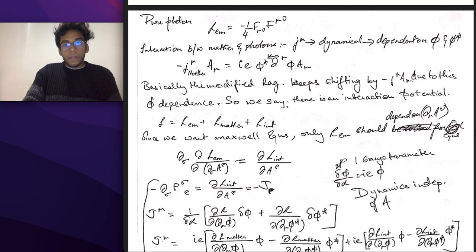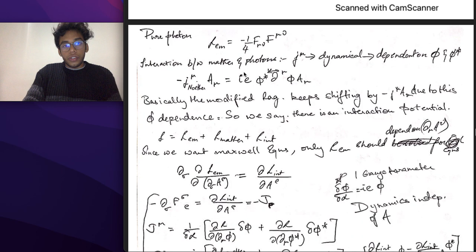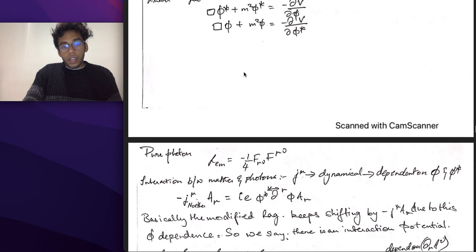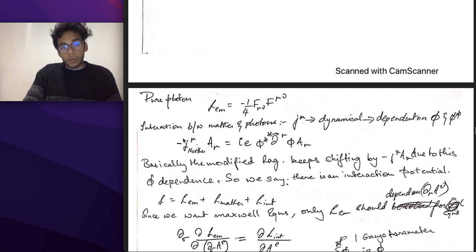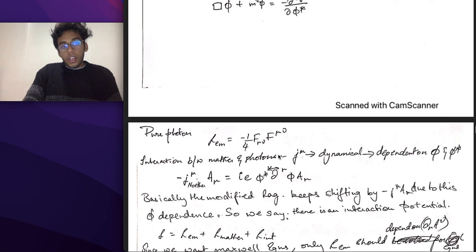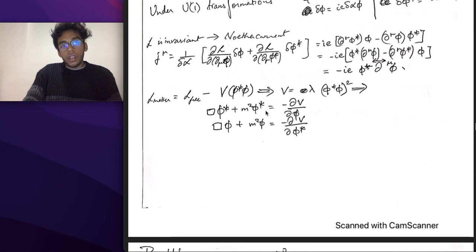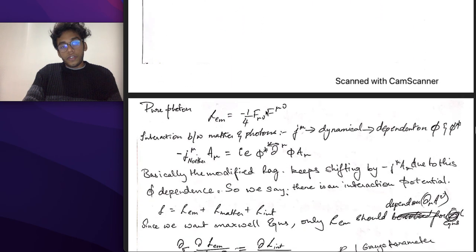So the idea here is that your Lagrangian can keep shifting. The moment you define J^μ as some function of φ and φ star, you need to redefine your original Lagrangian, and it gets shifted by this minus J^μ A_μ.